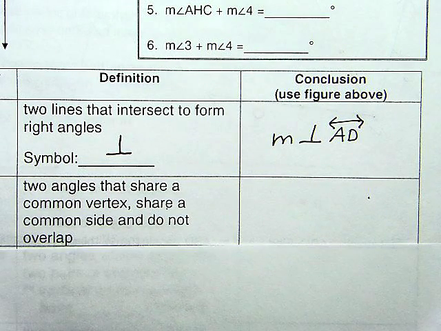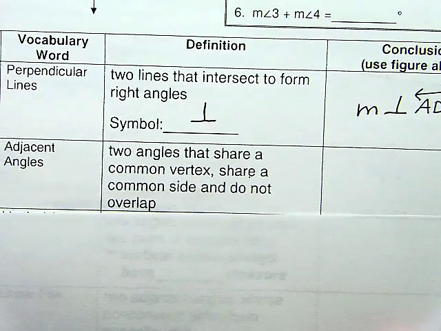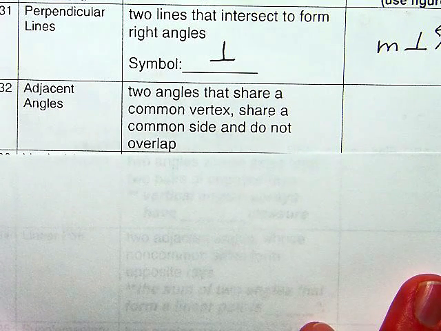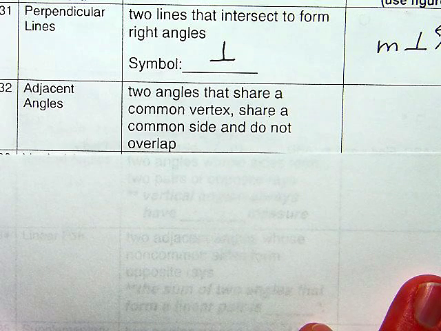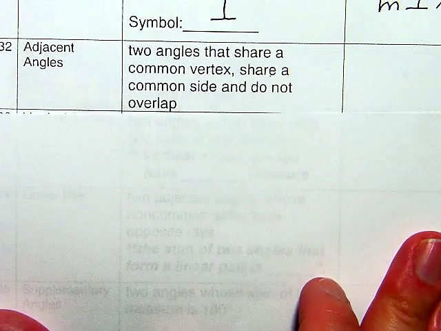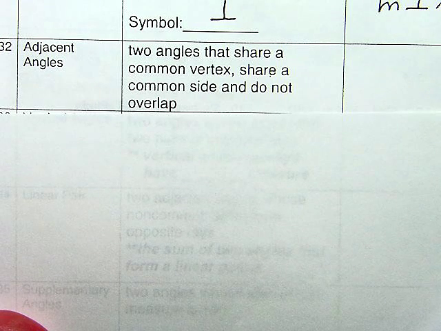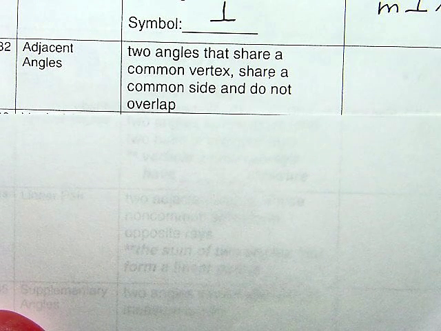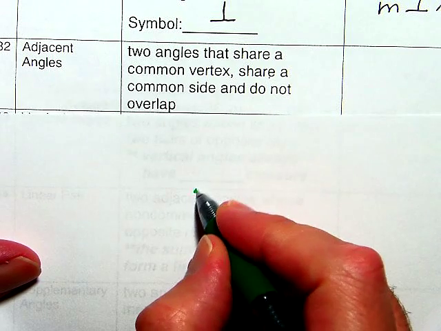Let's go ahead to our next word, adjacent angles. Adjacent angles are two angles that share a common vertex, share a common side, and do not overlap. Let's say that we want to try to draw a pair of adjacent angles, and let's let their common side be in green.